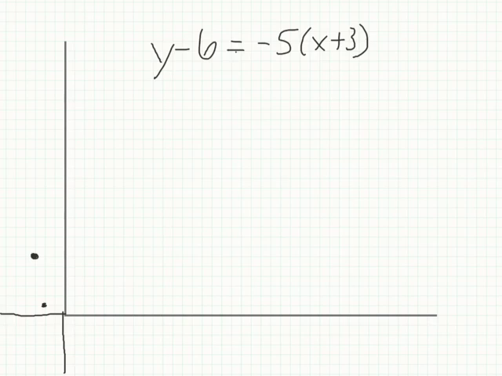Oh, looks like we're not going to be able to do that, so let's go the opposite direction. Let's go up 5 and to the left 1. Now we can go ahead and connect the dots. And we have successfully graphed that equation written in point slope form. All right, let's take a look at another one.